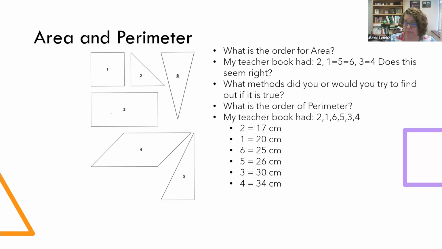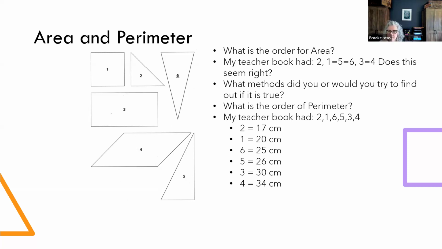I'm going to jump in and speak for Darcy this time. I think we both agreed that we had this gut feeling that area and perimeter are not specifically proportional or linked, but neither one of us could prove it. Yeah, if you think about the order here, 1, 5, and 6 are all equal in area, but look, their perimeters are all different.